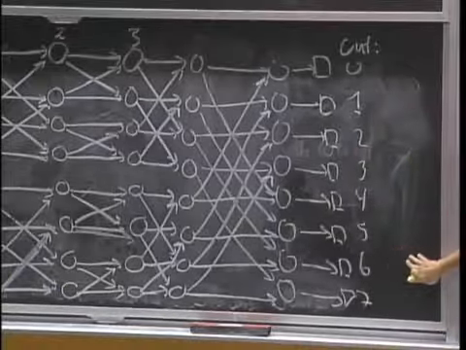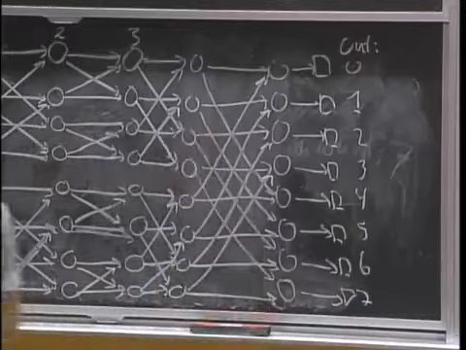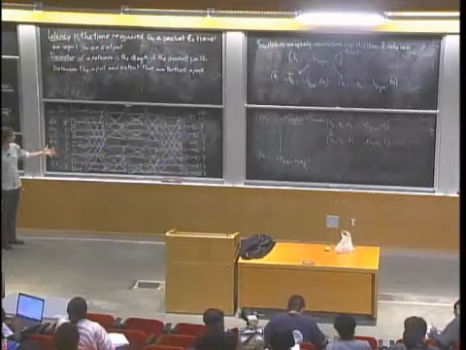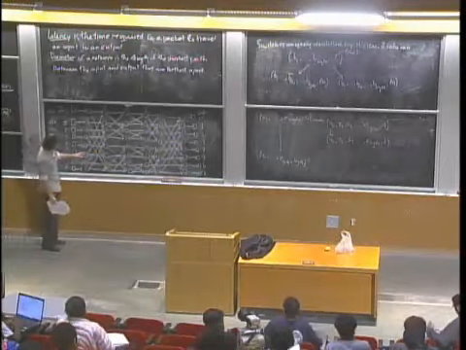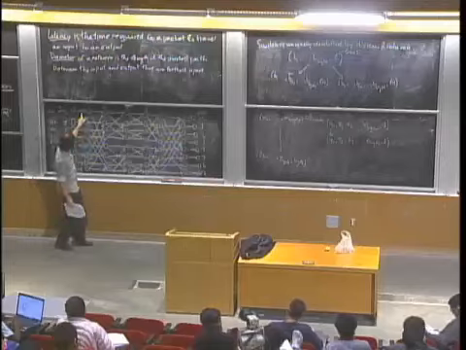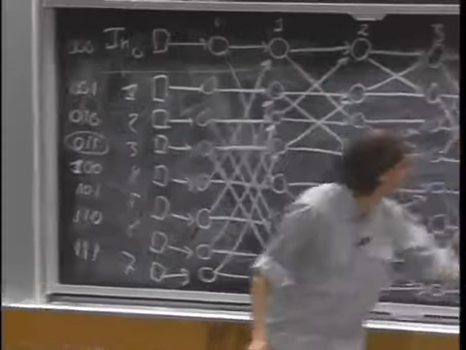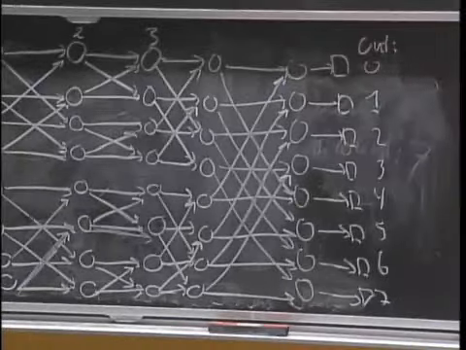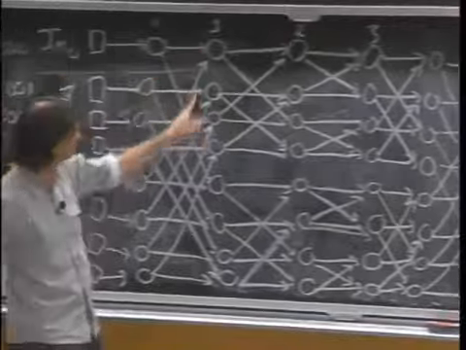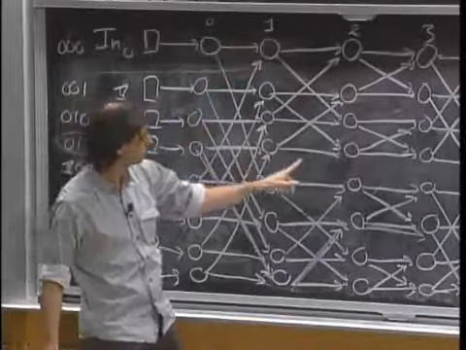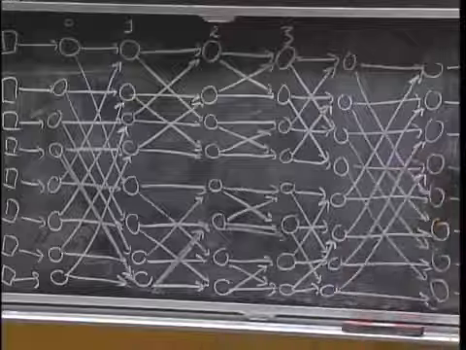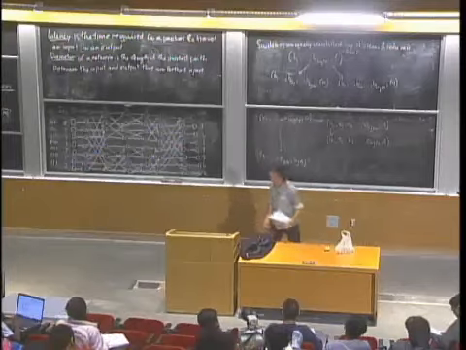Okay. So as you can see over here, this structure again has a recursive nature to it. You can see that this big Beneš network over here consists of two smaller ones that are right here in the middle. This one that goes all the way up to here. So maybe I should put a color boundary around it.